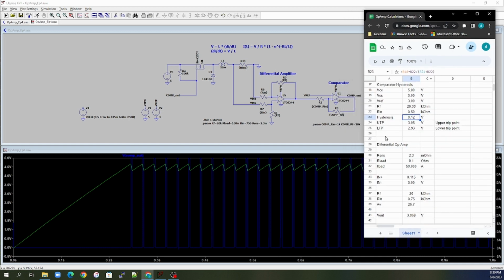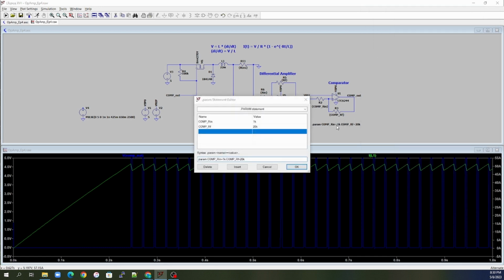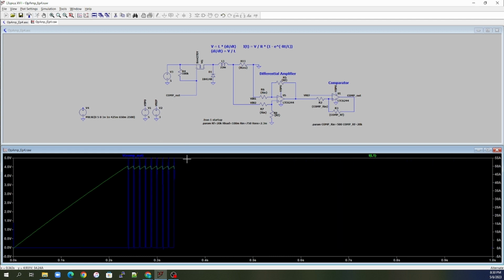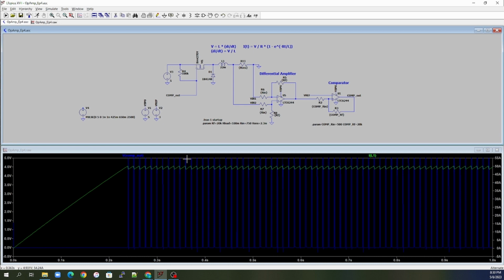So then if we change our RN to 500 ohms, and then we rerun that, we will see that this triangle wave becomes a lot tighter. And we can continue to manipulate this until we get a nice, clean, tolerable output current that we are satisfied with.